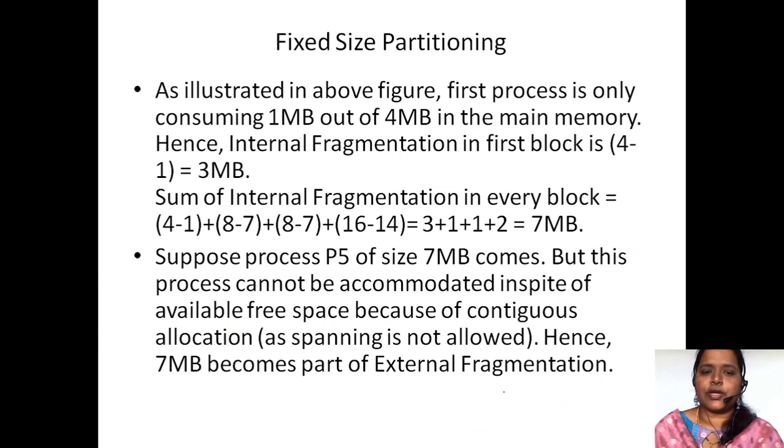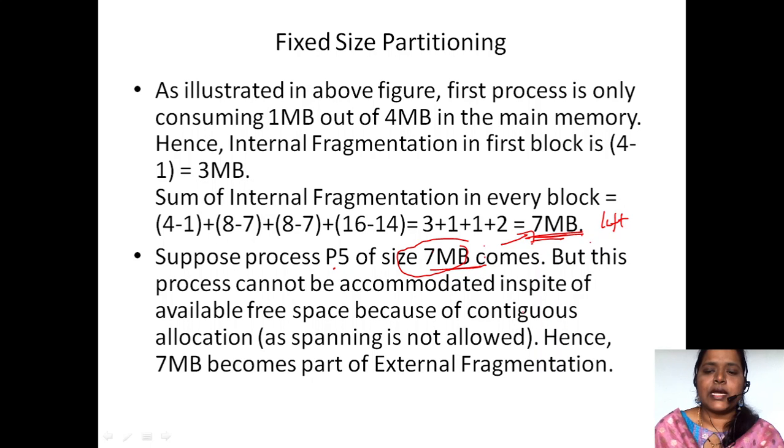Fine. So as I explained there, the theory over here: 7 MB has been left over, and if a P5 process requiring 7 MB comes, we can't accommodate this P5 process onto the leftover space.